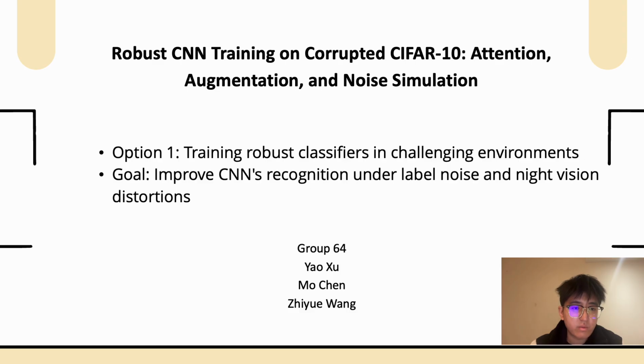To tackle this, we combine attention models, data augmentation, and a corruption-aware training pipeline. In the following slides, we will explain how we simulated these corruptions, designed this dataset, and improved the model robustness.